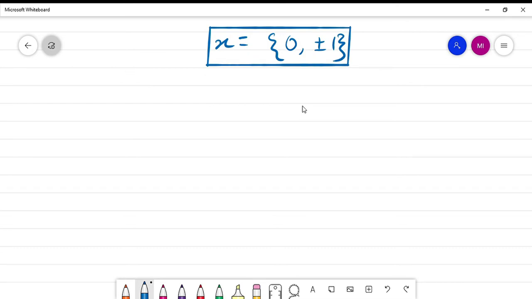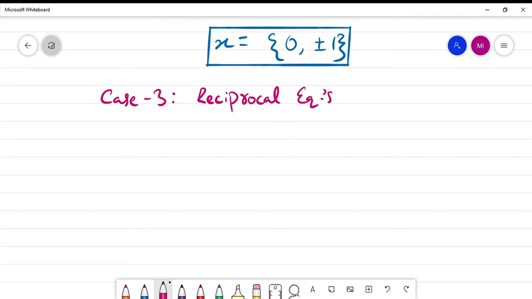Now let's move on to case 3, which is about reciprocal equations. Now, what are these reciprocal equations?